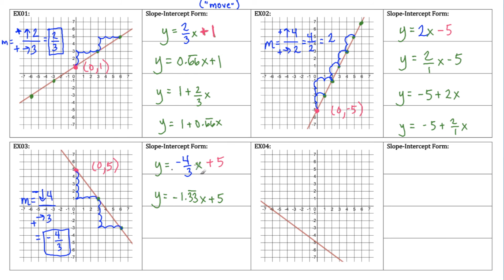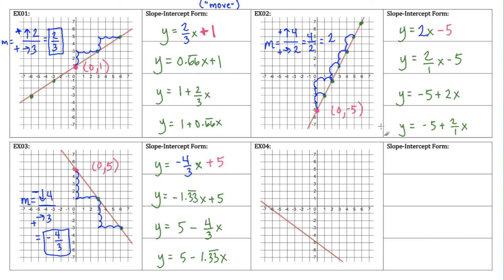And let's go ahead and move it around. Y equals, so positive 5. This is negative, so I'm going to put minus 4 over 3x. And y equals 5 minus 1.33 repeating x.